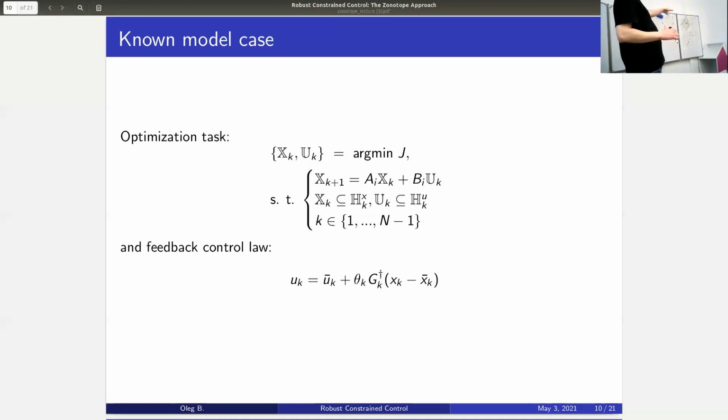We speak about, yes, my example was very similar to regulation, but it's a task of trajectory tracking. I have a good example in the next slide.